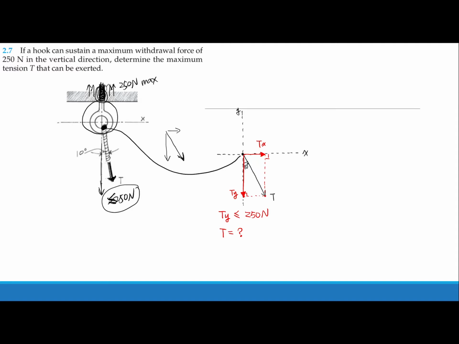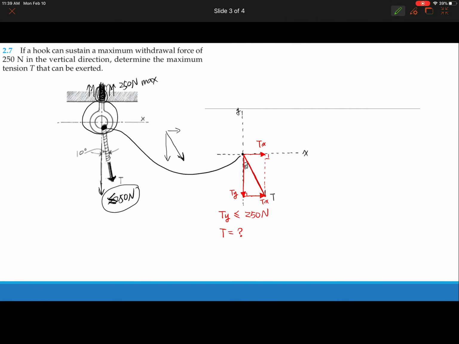You want to first look at this triangle, so you can move the Tx to the bottom to make this triangle. Let me use another color to make this green triangle, made up by the three forces.